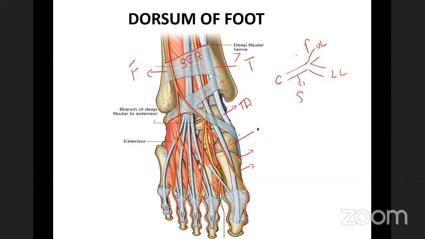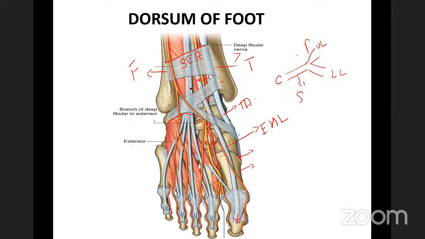Another tendon here, which is attaching to the base of the terminal phalanx, is extensor hallucis longus. As you all can see here, the anterior tibial nerve and the anterior tibial artery are entering here. This is the anterior tibial nerve and this is the dorsalis pedis artery. So we will discuss this in detail.